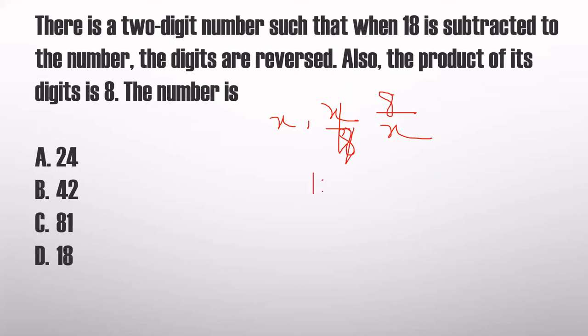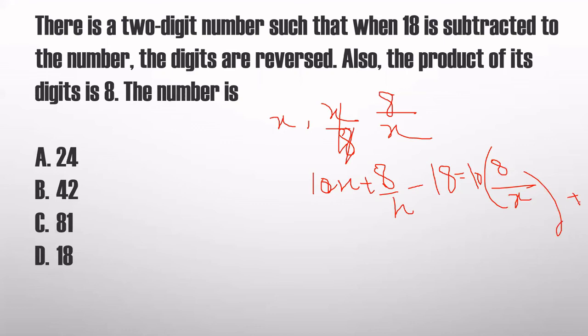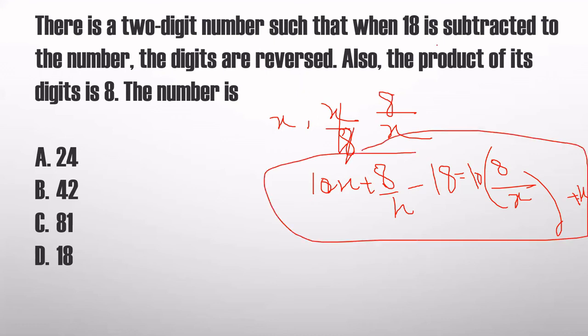So the number is 10x plus 8 by x, minus 18, is equal to 10 times 8 by x plus x. That is the equation. Fine. So that is the equation that we have formed from this particular statement.